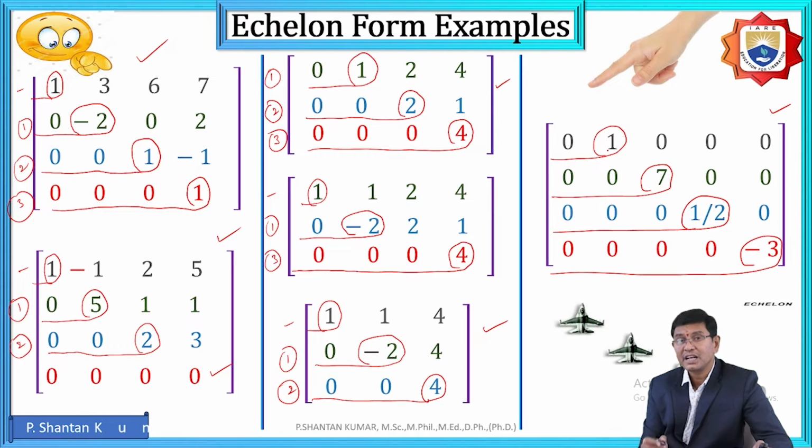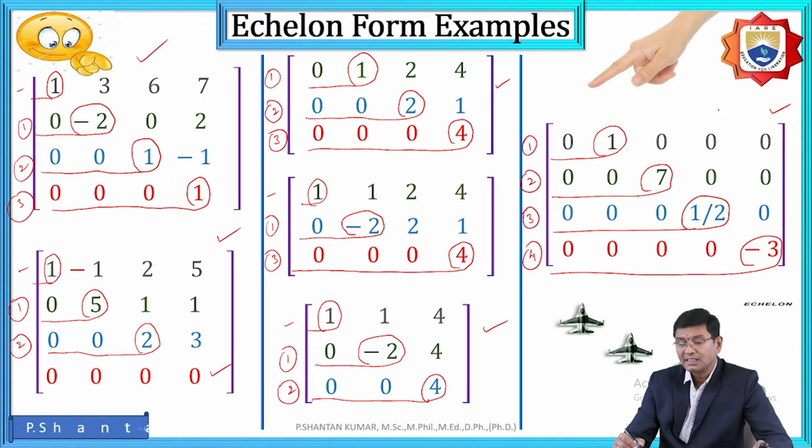Therefore, 1 or unity also exists. For the third condition, comparing from bottom to top, before the non-zero numbers there are 3 zeros, then 2 zeros, and then 1 zero only. From top to bottom it is clearly decreasing, the number of zeros before the non-zero element, and from bottom to top it is in increasing order.